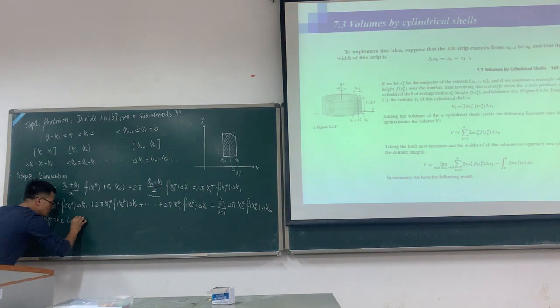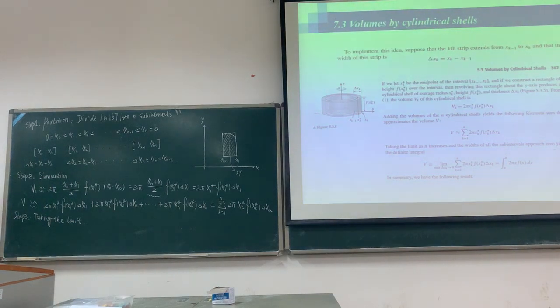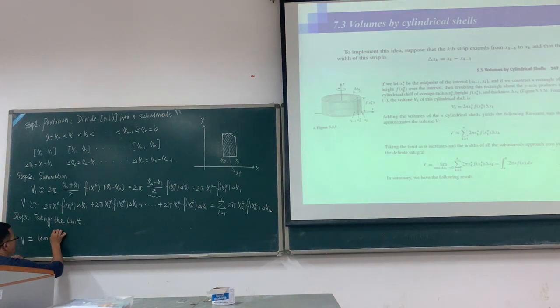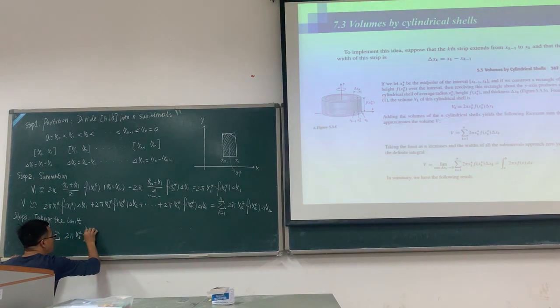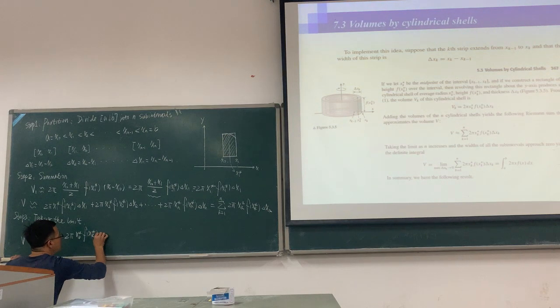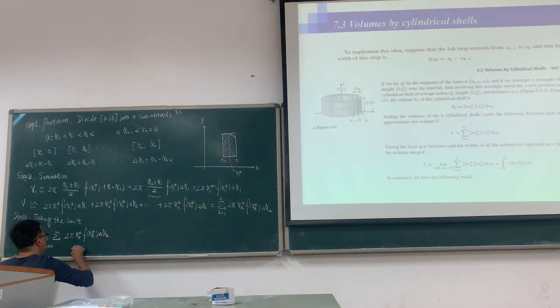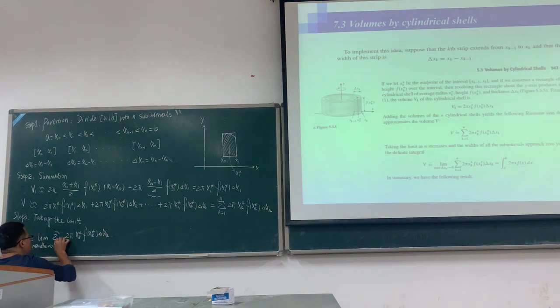Taking the limit, V equals the limit as the max delta xk approaches 0 of the summation of 2 pi xk* f(xk*) delta xk, k runs from 1 to n.